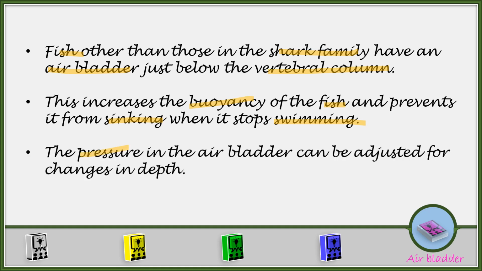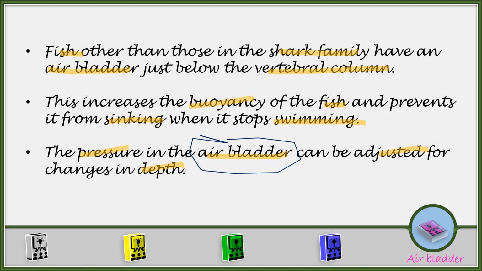The pressure in the air bladder can be adjusted for the change in depth. So we have the air bladder. The air bladder is a sac which fills with air, and then it can also be emptied of the air.